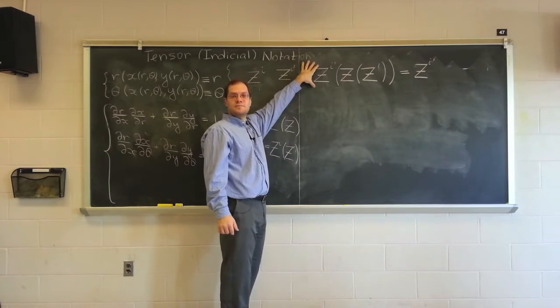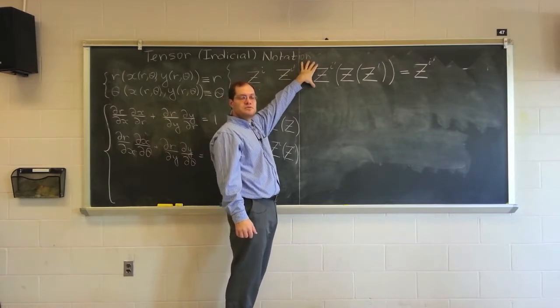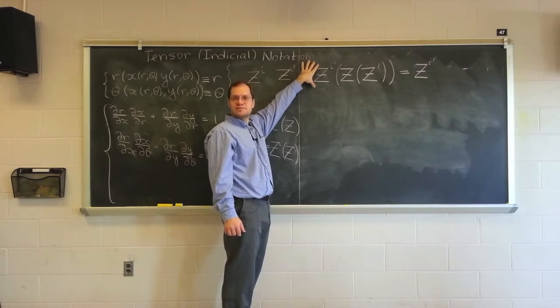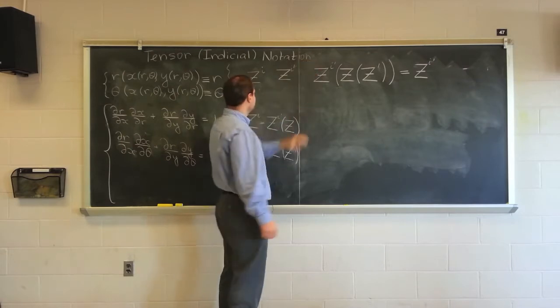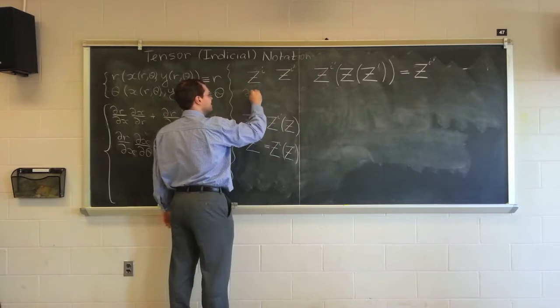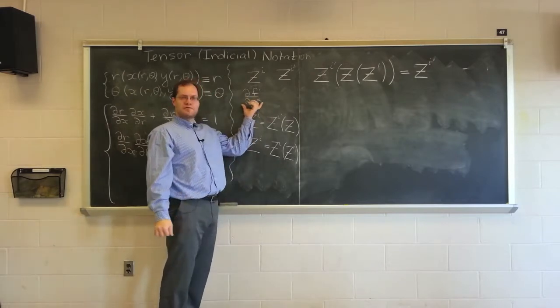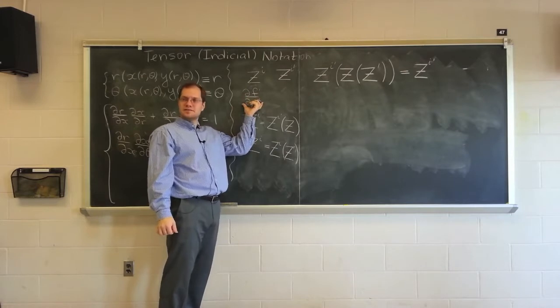Each one of them will be differentiated with respect to three different variables, but all at once. Just like when we wrote df d mu alpha, it was capturing the derivatives with respect to d mu 1 and d mu 2, but at once.